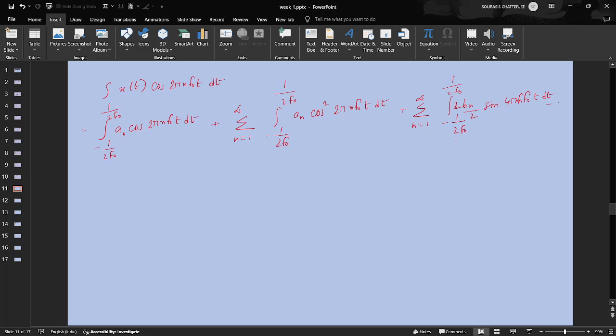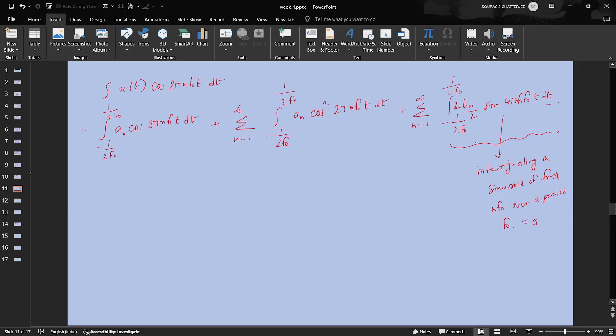So you can see all the integrals here basically turn out to be integrating a sinusoid of frequency n f naught over a period of 1 over f naught.